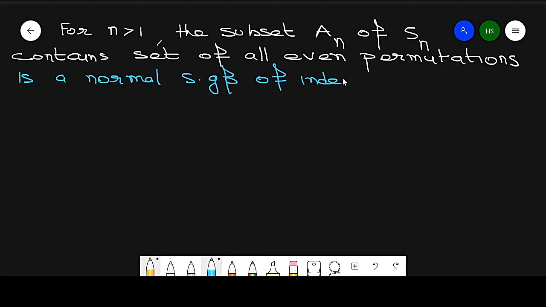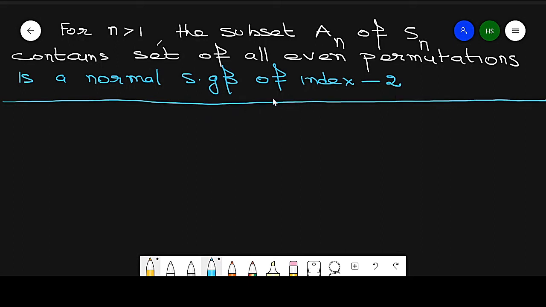We know that any subgroup with index 2 is a normal subgroup, right? So that is my result. So this is a very important result.